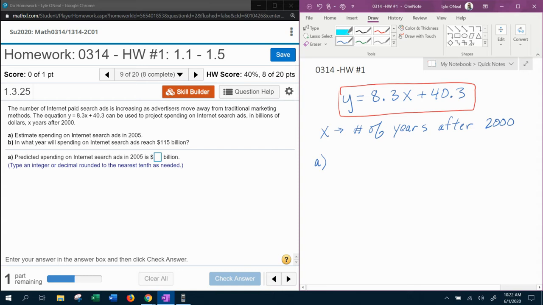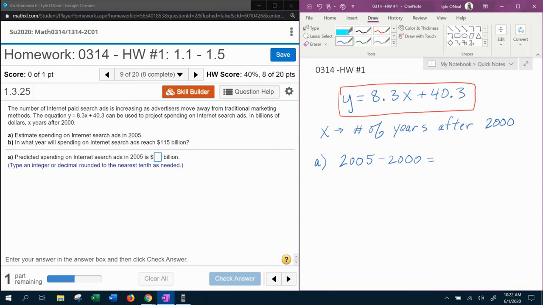So it says predicted spending on internet search ads in 2005. Okay. So if x is the number of years after 2000, then 2005 minus 2000 will give us the number of years that they have been going.